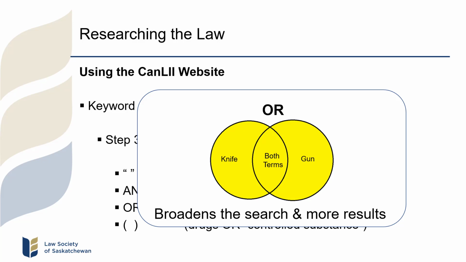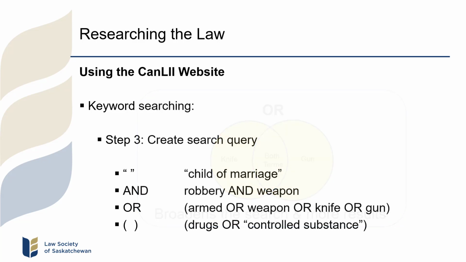OR is going to broaden a search and increase the amount of search results. Synonyms of the same concept separated by the OR search operator should be enclosed within brackets like this: (armed OR weapon OR knife OR gun).